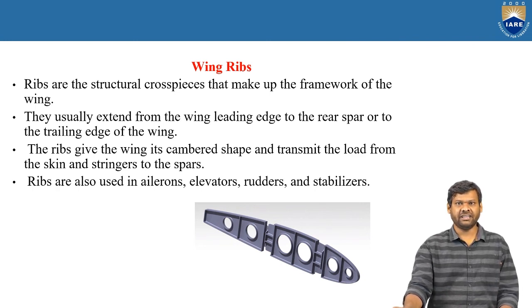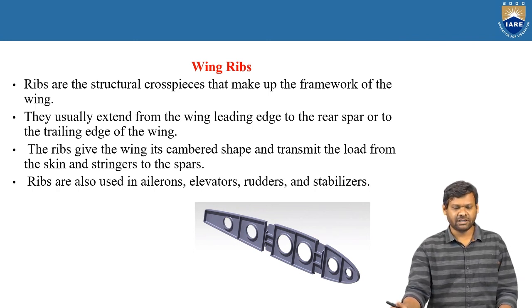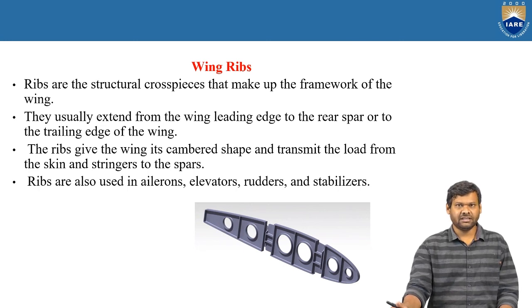The skin of an aircraft is riveted on this wing rib, and moreover it is also riveted on the spars and other things. They usually extend from the wing leading edge to the rear spar or trailing edge of a wing. When you look into the geometrical structure of a wing, these ribs are running from the leading edge to the trailing edge. The ribs give the wing a camber shape.